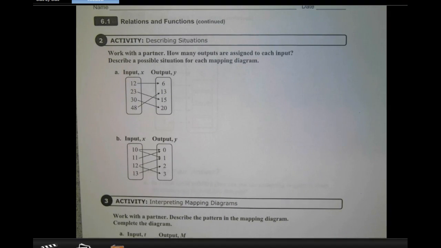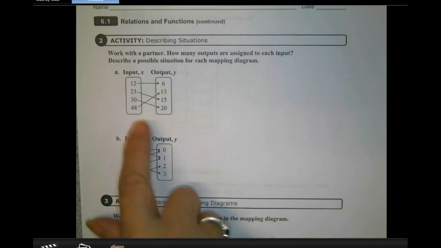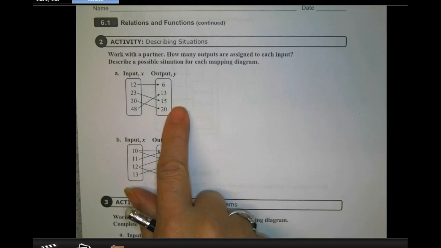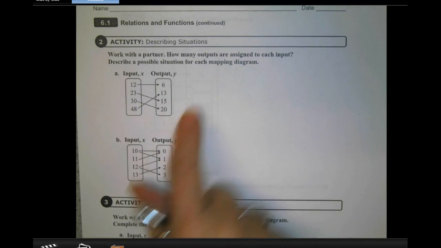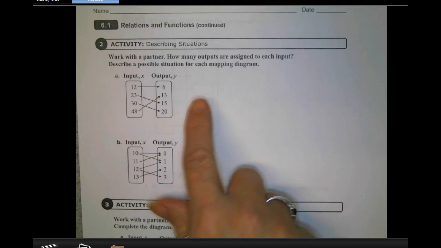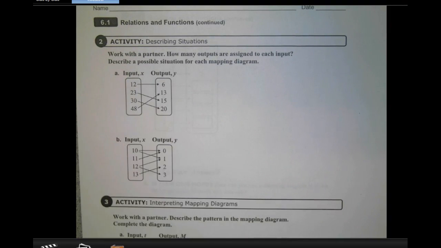Ordered pairs? And you had to write a domain and range. So could you do the same for these guys? Yes. Can you turn these into ordered pairs? Yes. Could you also make it a domain and range? Yes. Okay, so what I want you guys to do is for these two, turn them into ordered pairs, and then tell me if it's a function or not a function. I'll give you about 2 minutes to do these. It's really easy. Write them up as an ordered pair, and then tell me it's a function or not a function.